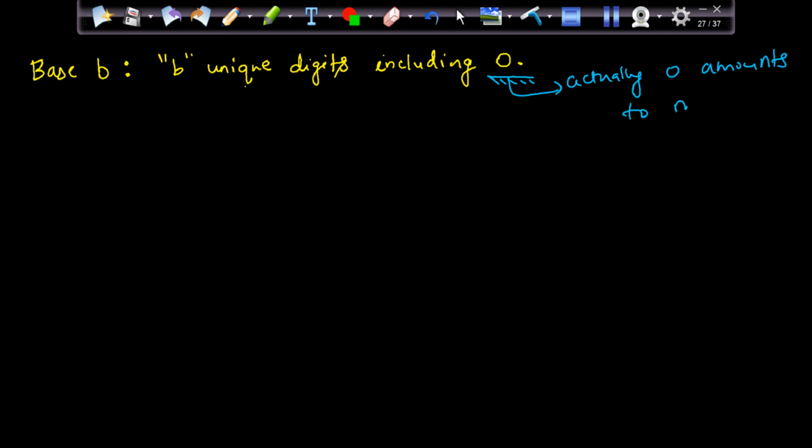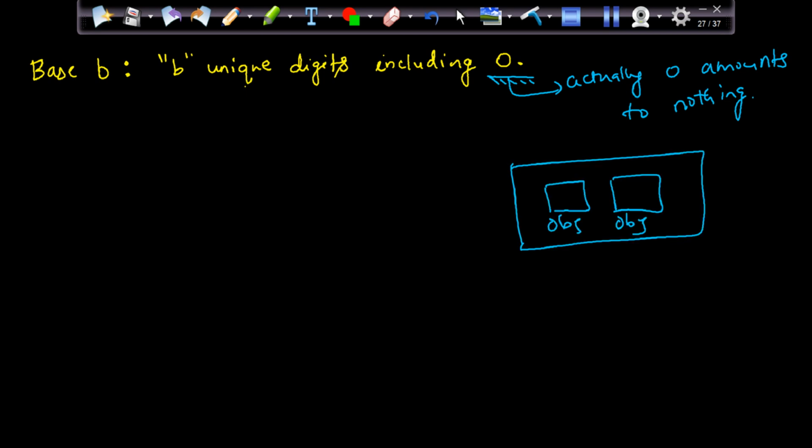Number systems were initially devised to help human beings count things. We have seen that in the previous video. And 0 means nothing. For example, if this is a container with objects in it, and you are asked how many objects there are, you will say 2, because human beings talk in terms of decimal.